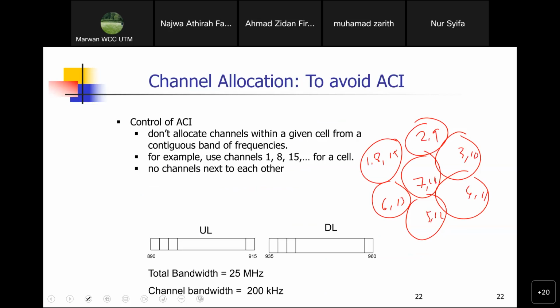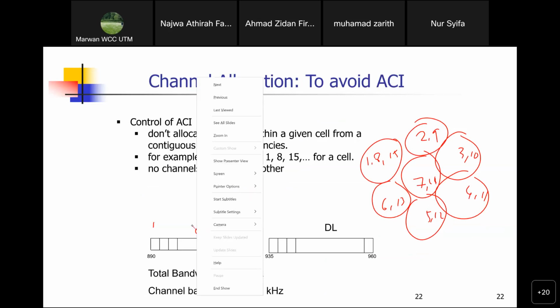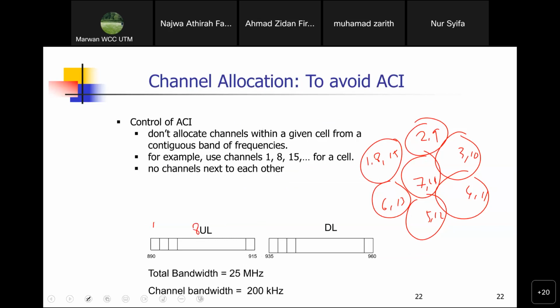If we look at it from the spectrum point of view, if this is frequency 1, then we only use frequency 8 in the same cell. The rest we are not using in the same cell. For example, cell number 1, this is cell 1.